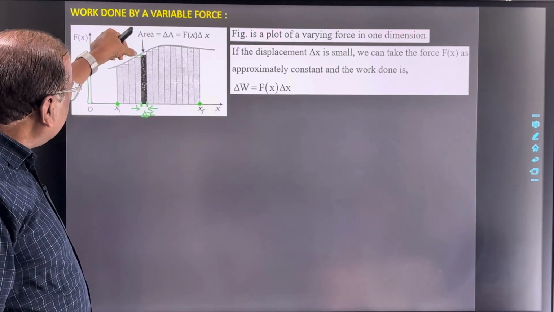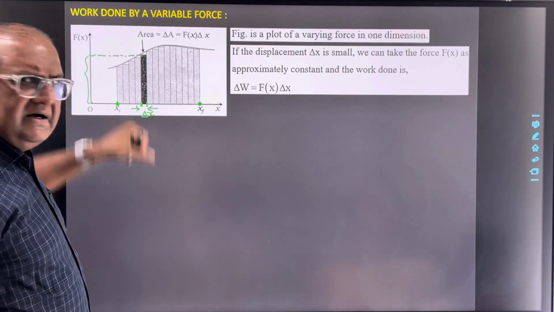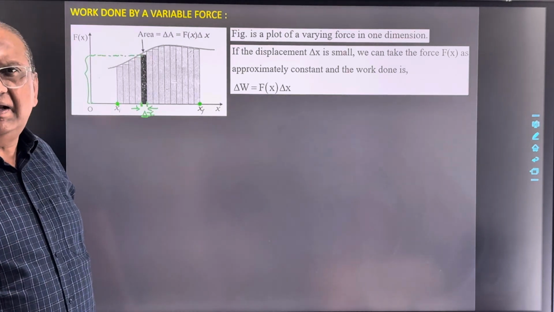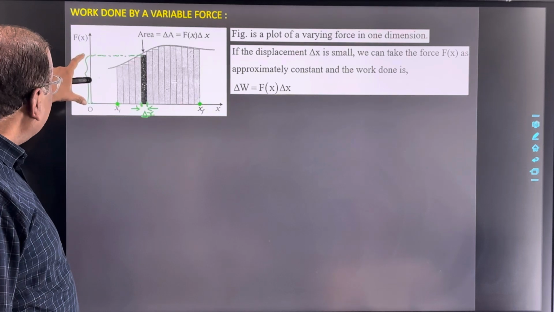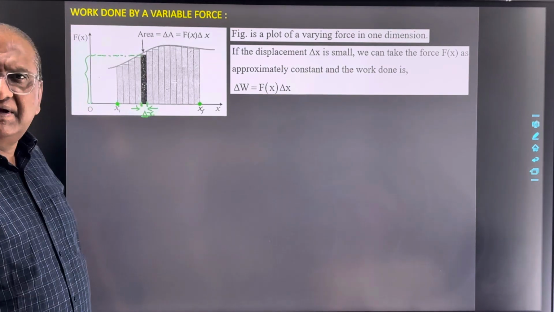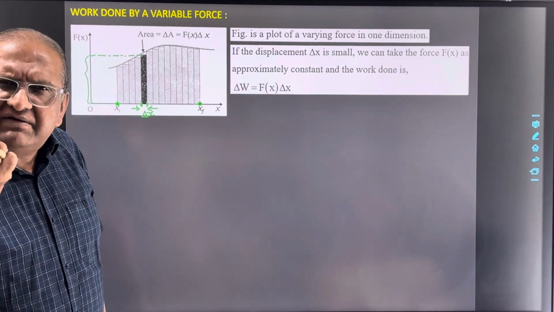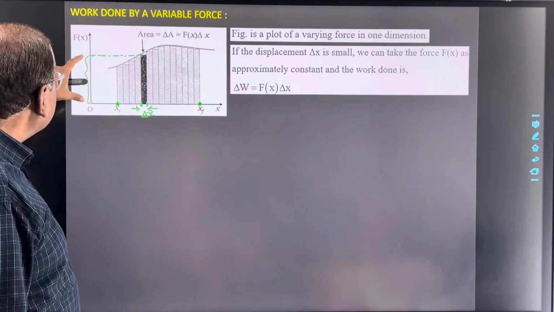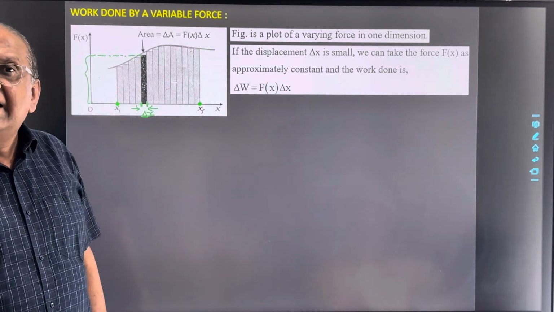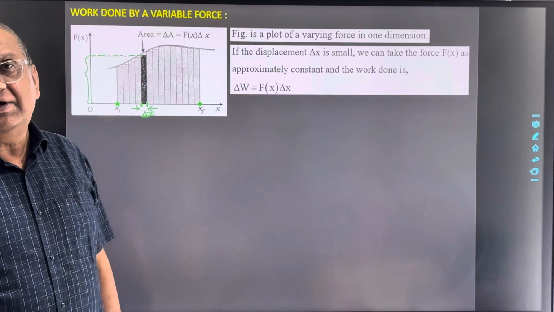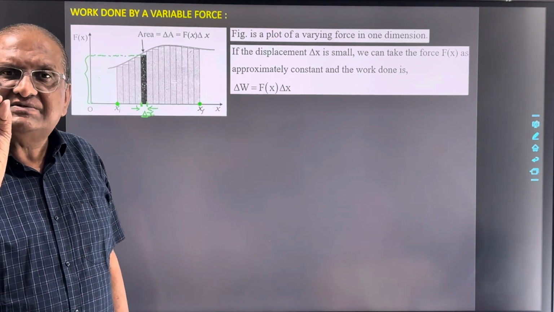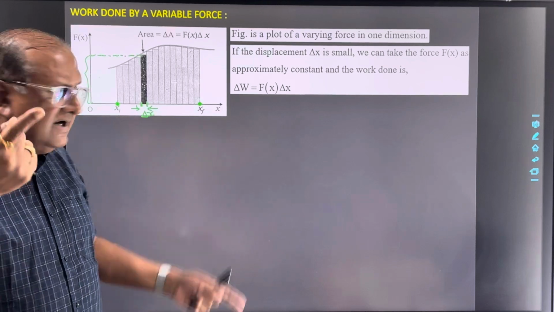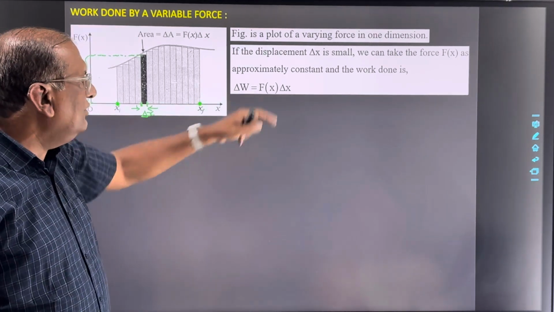So this particular upper part will be almost neglected. So in that particular case, for this displacement delta x, which is very small, we can consider this force as a constant quantity. And when for delta x displacement force is constant, directly you can write delta W, that is F delta x.